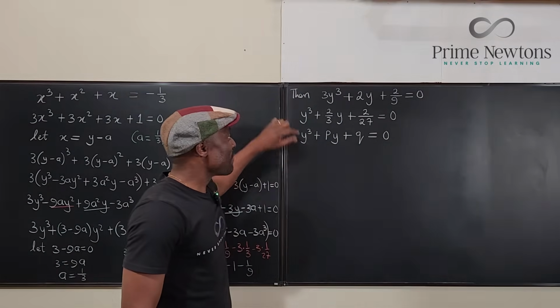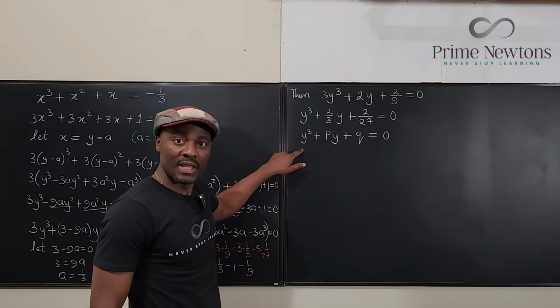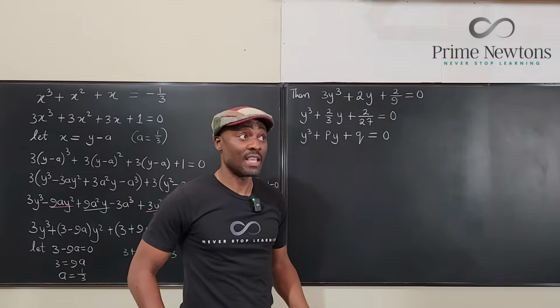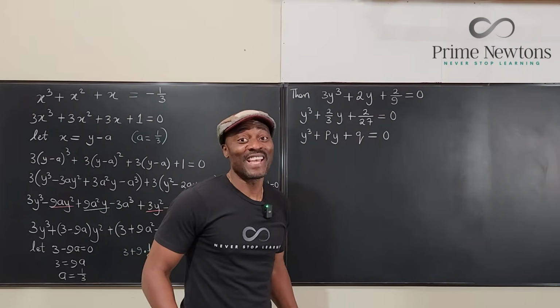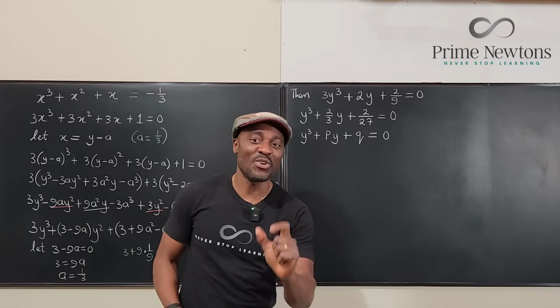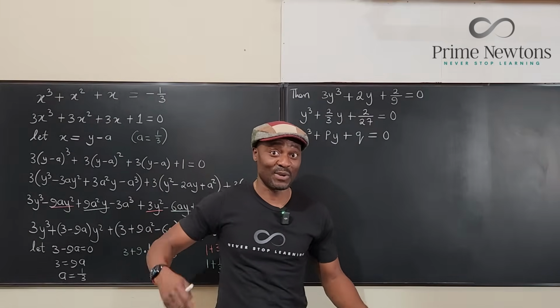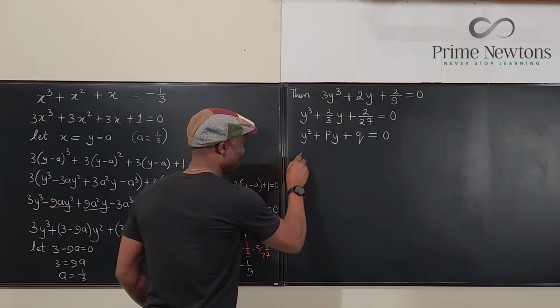So now, because we've been able to write this in this form, now we can just use Cardano's formula. What does Cardano say we gotta do? Cardano says, first find the discriminant. You see how we find the discriminant? Square root of b squared minus 4ac for a quadratic equation. For the cubic equation, this is the discriminant.